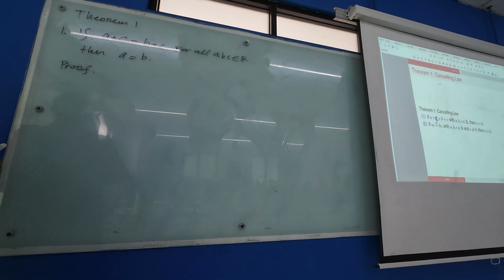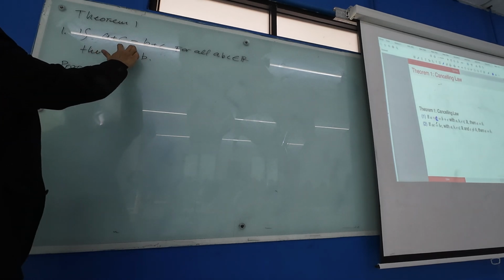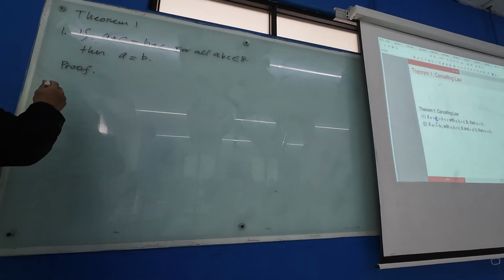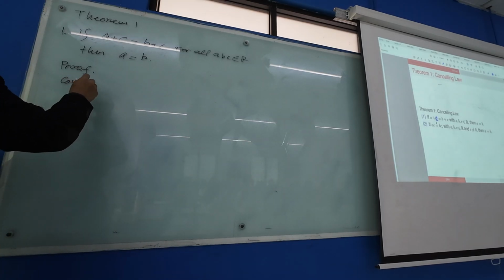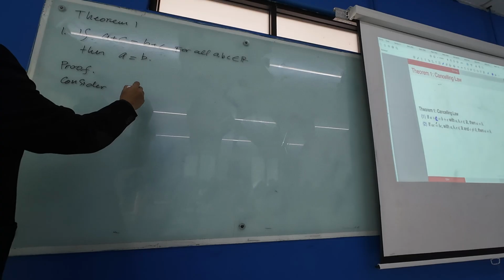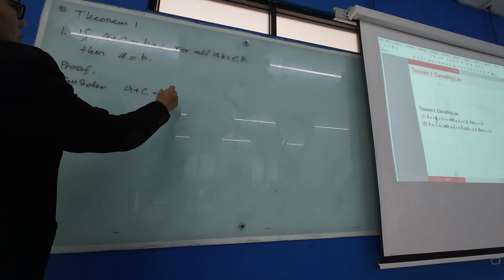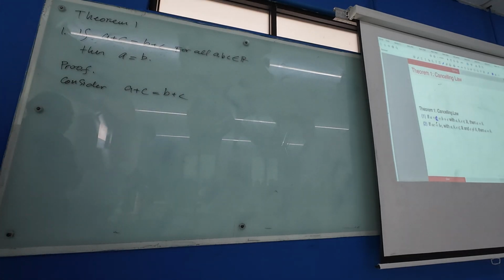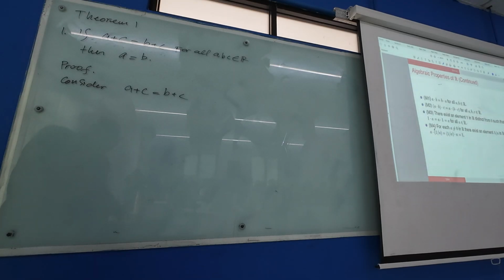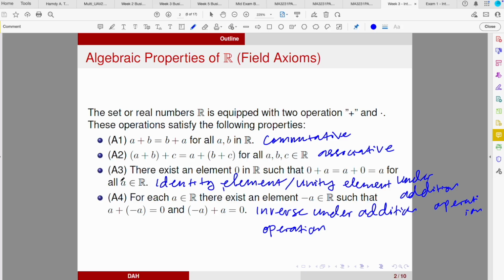You start with this. Consider A plus C equals B plus C. What you can do is apply the axioms. Which one should you use so that you arrive at A equals B?